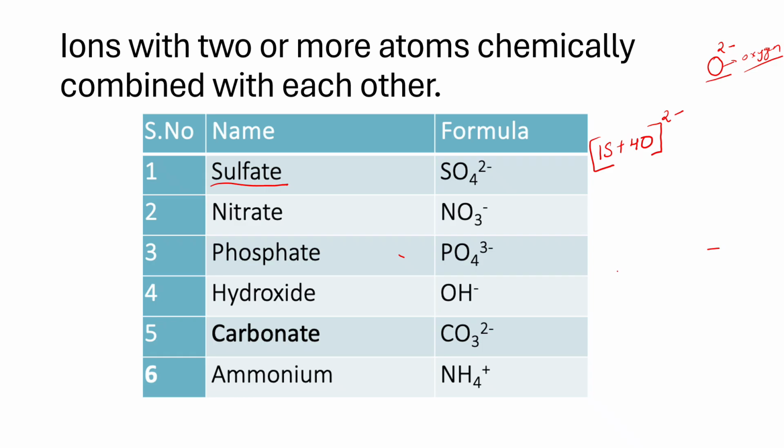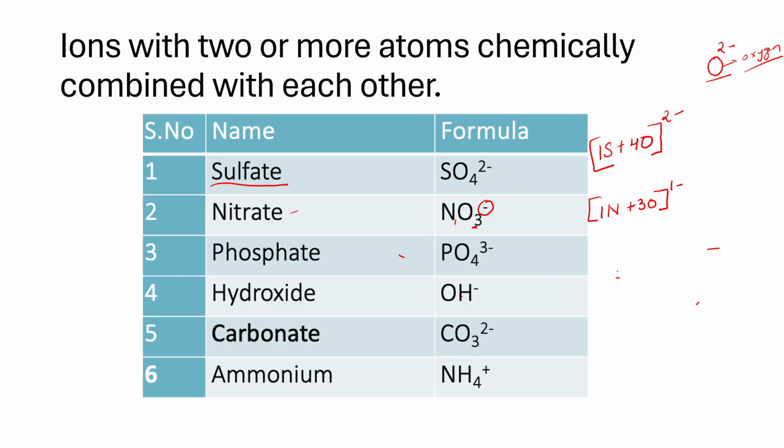Similarly, you have nitrate, another very common polyatomic ion. We see that nitrate has one nitrogen and three oxygen, and the total charge is negative, which we know is minus 1. So how we should understand this to be is that this is essentially one nitrogen combined with three oxygen having a resultant charge of 1 minus.